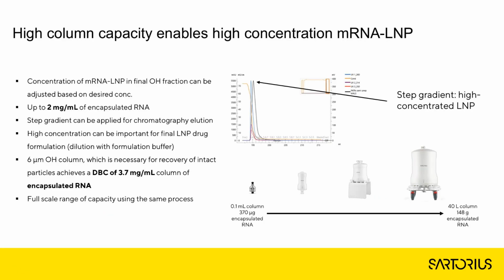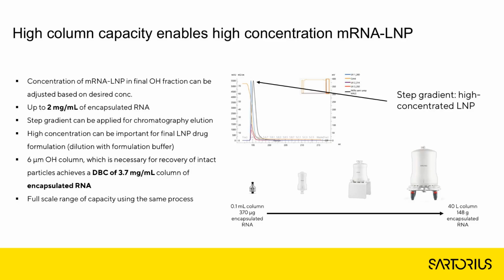Now, this process also can give you very highly concentrated formulations. If you work with a high loading and step gradient, you can highly concentrate your formulations and then dilute them down into your formulation buffer to your desired concentration, which is a good process, we believe, for large-scale manufacturing.